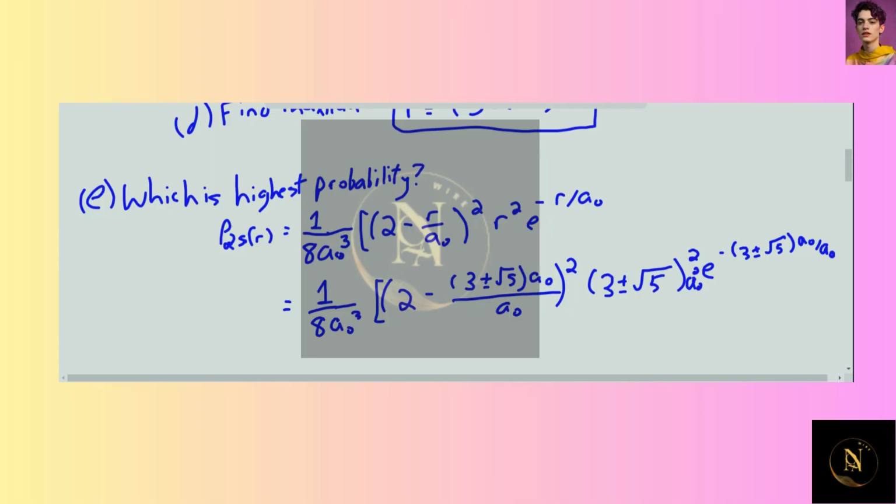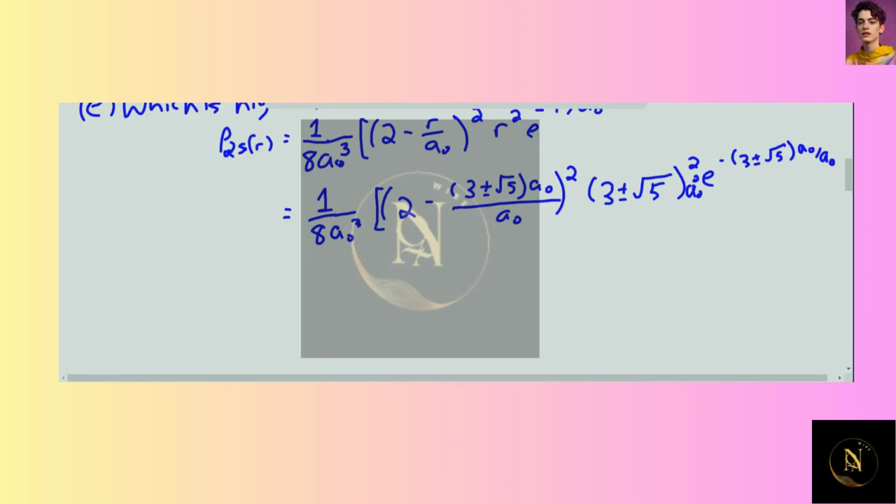You can see the a naughts cancel, and you end up with 1 over 8 a naught, and then the values are two cases. It's one or the other.